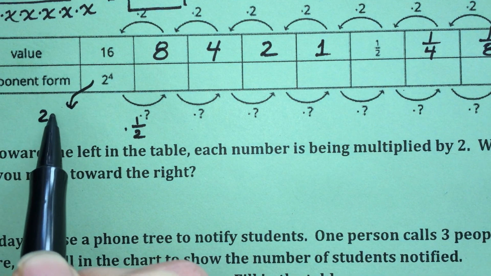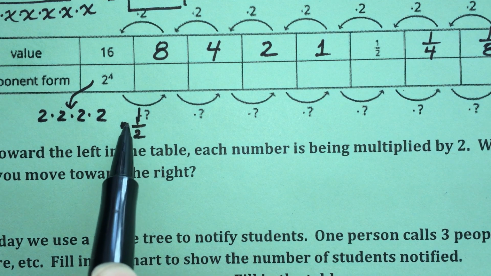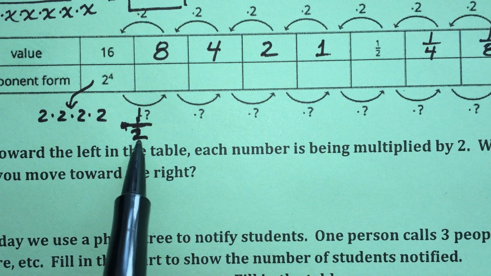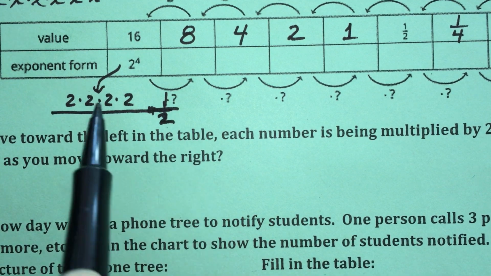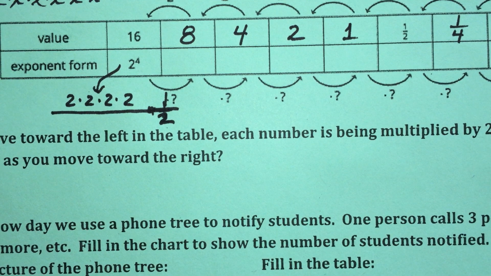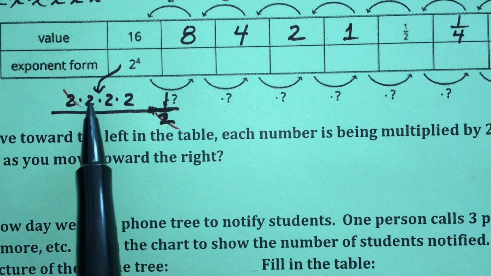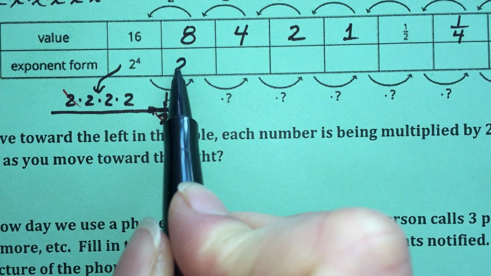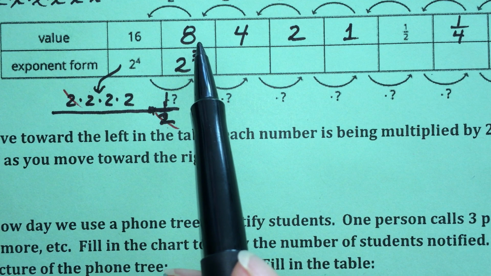We would have 2 to the 4th on top, and then times that 1/2, we're going to have a 2 in the denominator. If you combine these, because you multiply across, you have all 4 2's on top and 1 2 on the bottom. So one of those 2's gets canceled out, and we have 3 of them remaining. So the exponent is going down by 1: 2 to the 3rd. 2 to the 3rd equals 8.